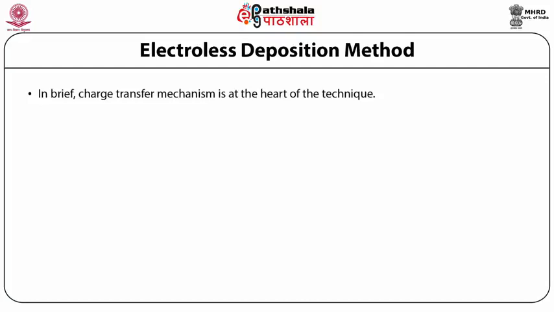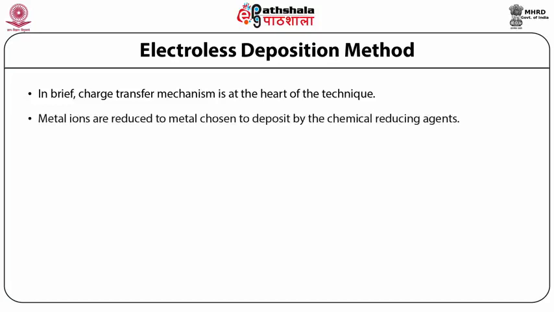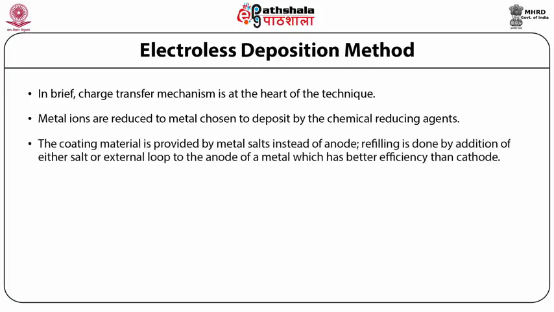In brief, charge transfer mechanism is at the heart of the technique. Metal ions are reduced to metal chosen to deposit by the chemical reducing agents. The coating material is provided by metal salts instead of anode.